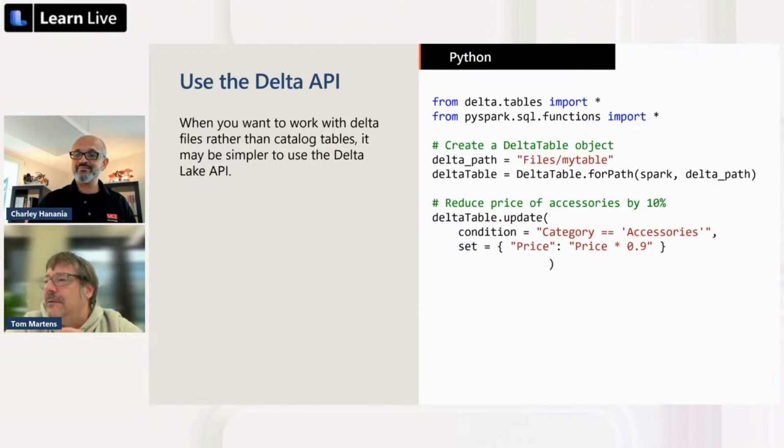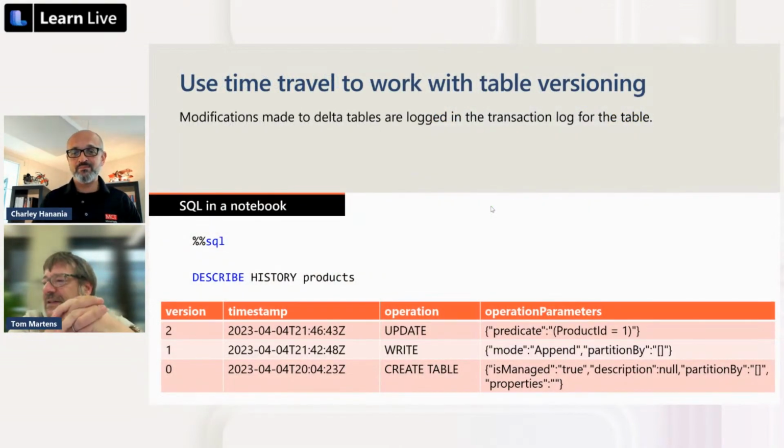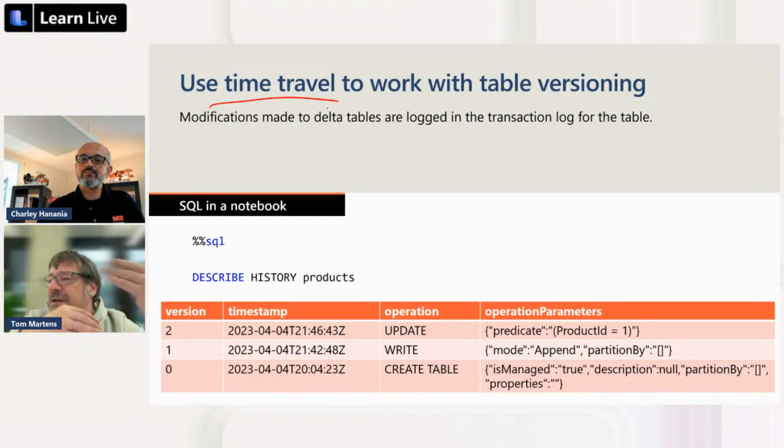So, and please go to the next slide. This is also something that we will see in the exercise. Here you see what is stored in the JSON log file.